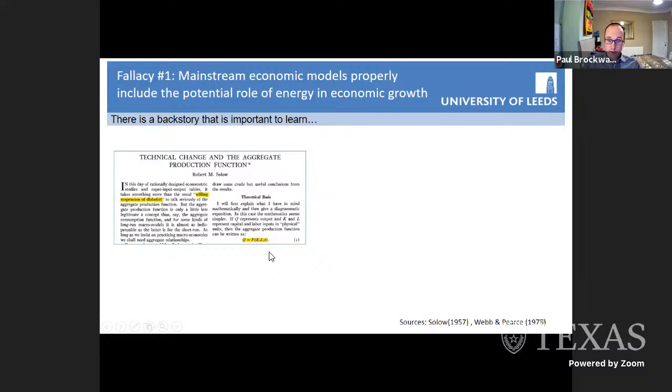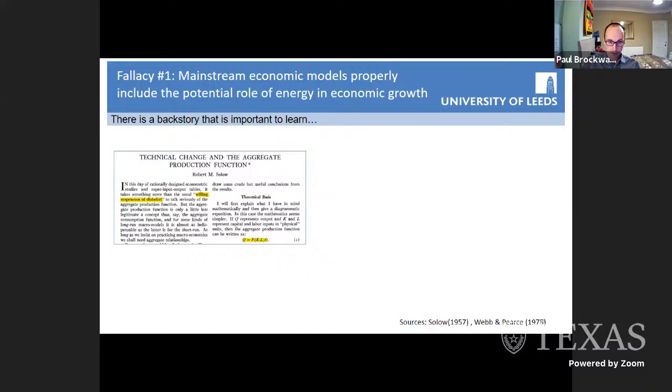So we go back to Robert Solow back in 1957 when he set out the aggregate production function, where he thought he could explain the economic output of a given country as essentially related to capital and labor and nothing else, except that there was a larger chunk, over 50% of economic growth, that couldn't be explained by capital and labor, but they just assigned it to be total factor productivity, or exogenous technical change.